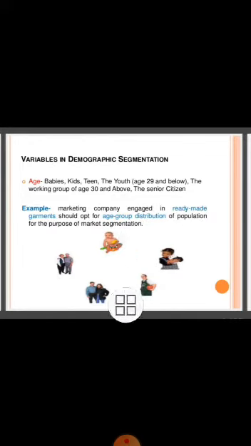And the example could be that a marketing company engaged in ready-made garments should opt for age group distribution of population for the purpose of market segmentation, like they should make the clothes according to their taste, according to their fashions.